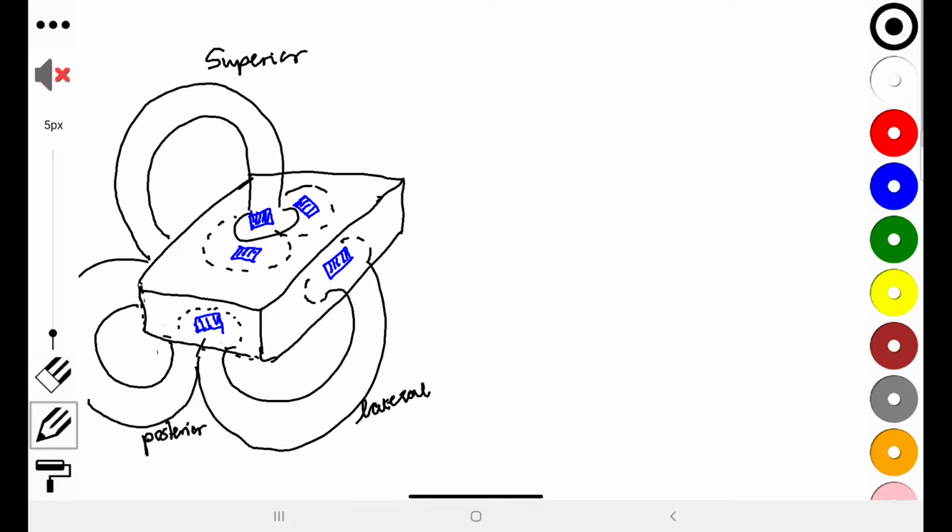Anatomically, the vestibular labyrinth is the one that contains the structures that respond to balance, and the system has the bony structure and the membrane structure. So we're talking about two systems that work together. The vestibule is a bony structure that has the membrane structure, and the membrane structures are the saccule and the utricle that I've just talked about.